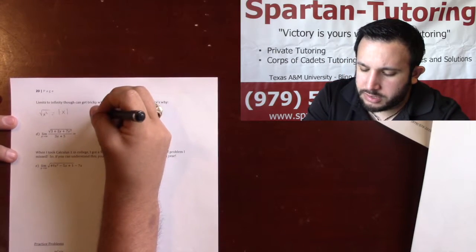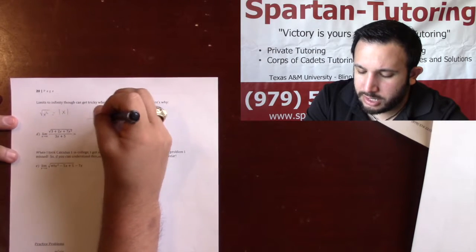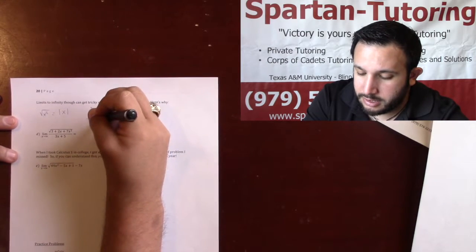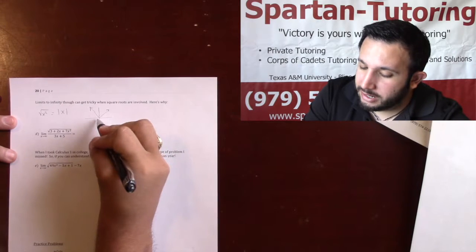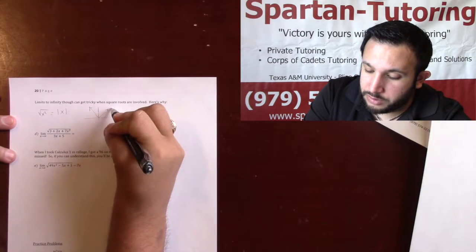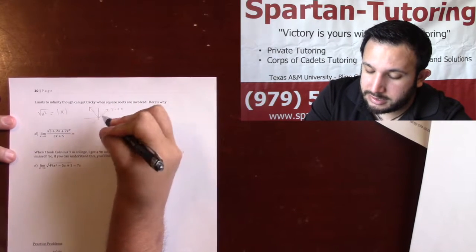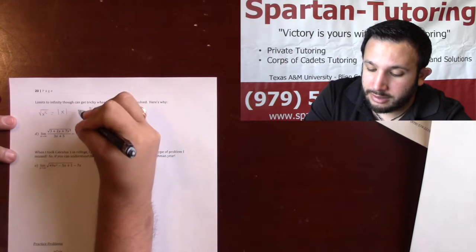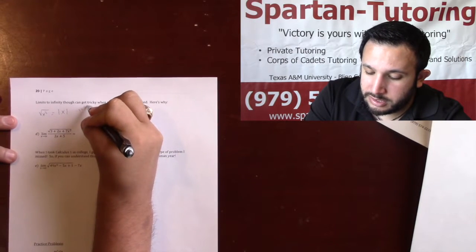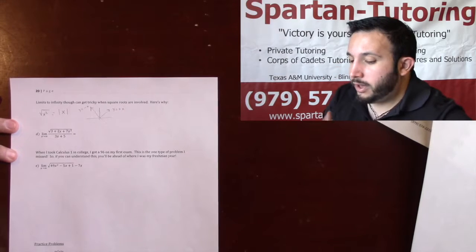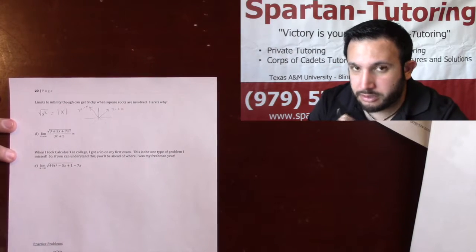Now, let's remind ourselves once again what the absolute value of x looks like. We know what it looks like. It's a V, like that. If I extended this line, this would be the graph y equals positive x. And if I extended this line, this would be the graph y equals negative x. And why this is important is absolutely vital.